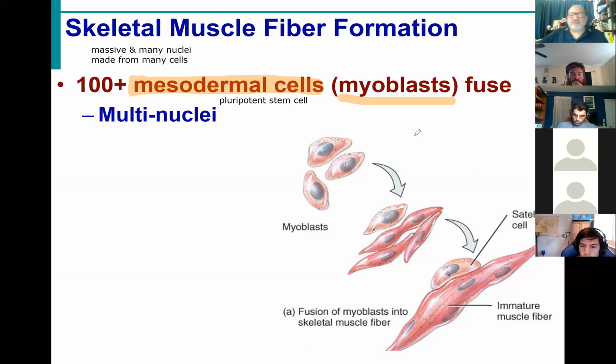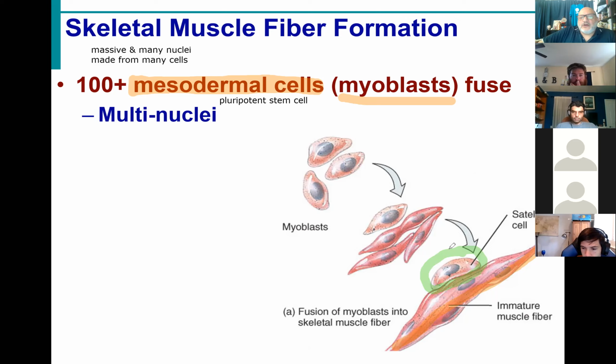So here we see the process start. Several myoblasts forming and fusing together to form this one long cylinder-shaped multinucleated cell. That is our skeletal muscle cell or skeletal muscle fiber. However, what I also want you to notice is that not all of the myoblasts actually fuse to form the skeletal muscle cell.